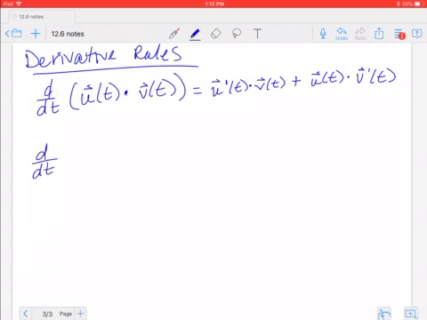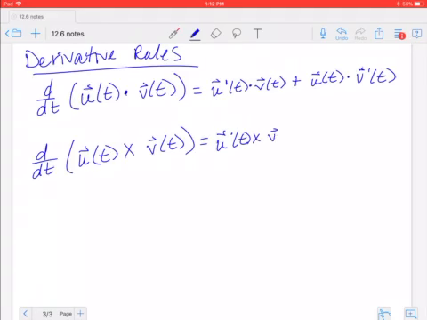If I want to take the derivative with respect to t of u vector cross v vector, then you get u prime of t cross v of t, because it's the derivative of the first times the second, plus the first times, in this instance a cross, because the cross product is the operation that we're using here, the derivative of the second.